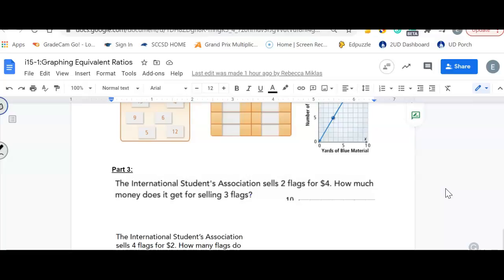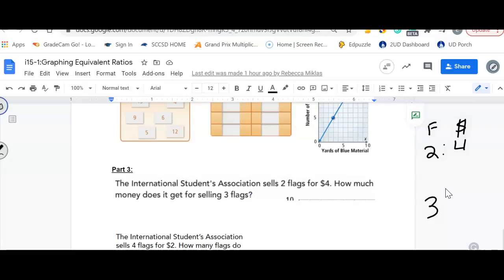What is the ratio given? Owen. Good. 2 flags to $4. I'll say flags to money. How many flags are we trying to get to? Jack. We're trying to get to 3 flags. This takes multiple steps. I want you to look up here. Can we go from 2 to 3? Not with whole numbers.